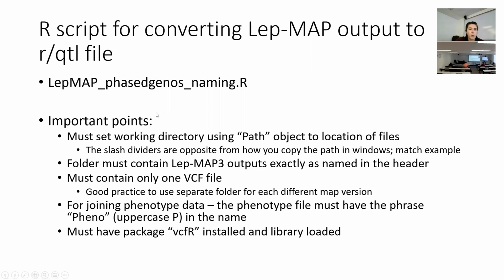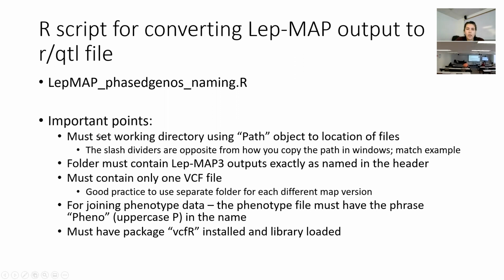Some important points about working with this script specifically. You must set the working directory, similar to how we set the directory for Lep-MAP, but this uses a path object that I've defined that points to the location of the file.